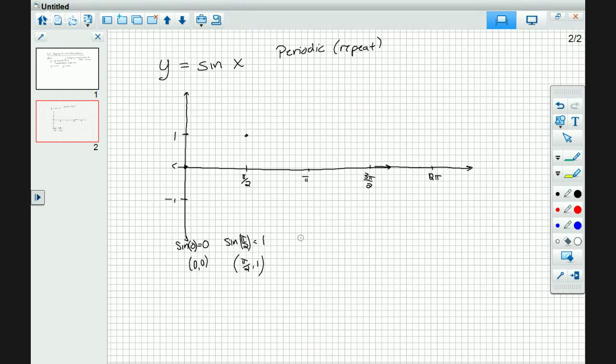What's the sine at pi? It's 0. Yes. Remember, pi is 180 degrees. So that's right here. The y value again is 0. Okay. So my point is pi, 0.